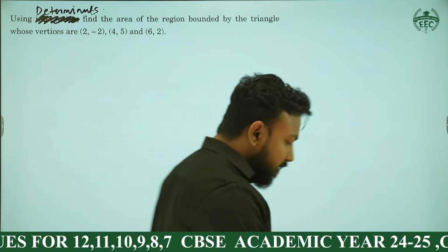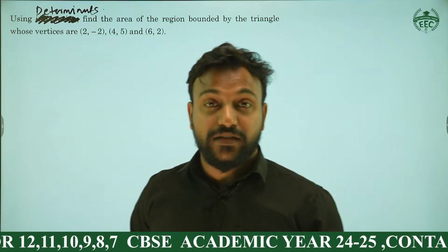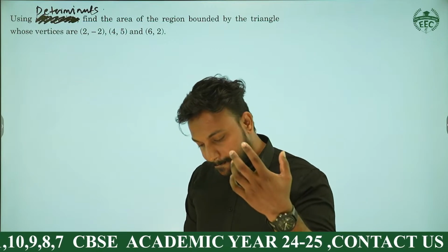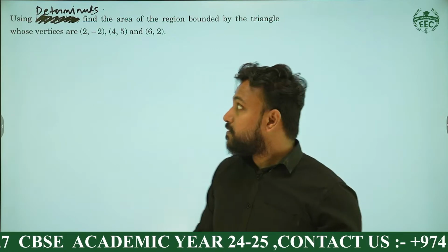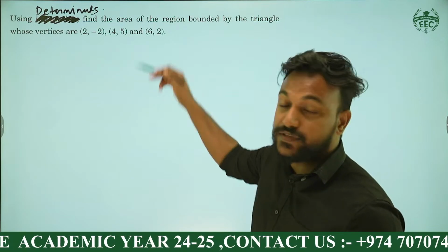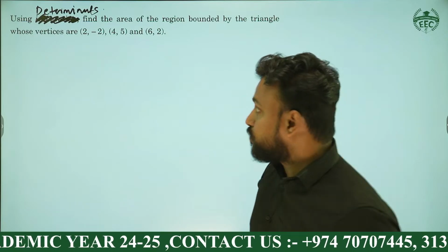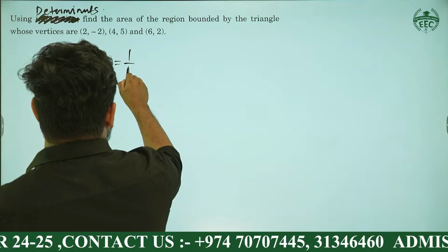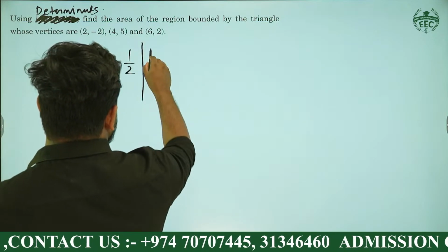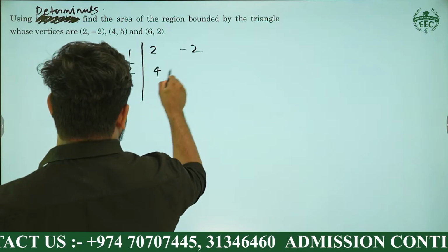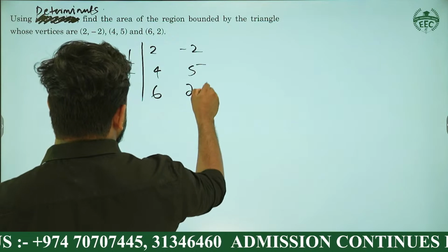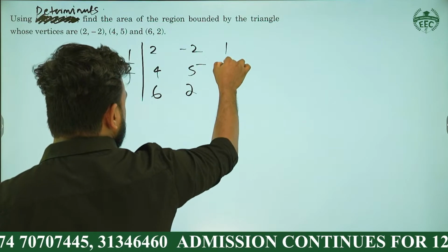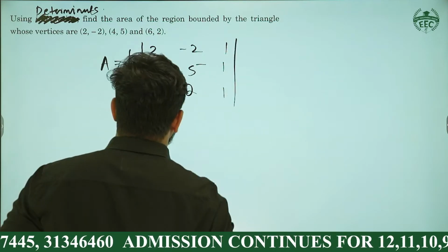If they give you the vertices of a triangle and ask you to find the area of that triangle, you can use this equation. The area will be equal to half of the determinant 2, minus 2, 4, 5, 6, 2, and you can put the third element as 1.